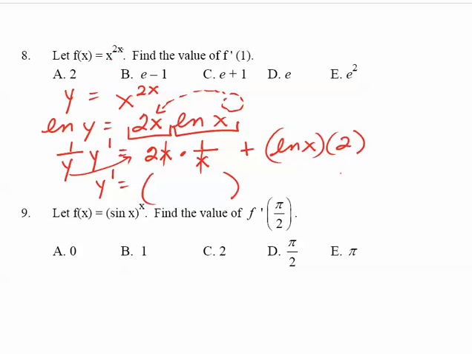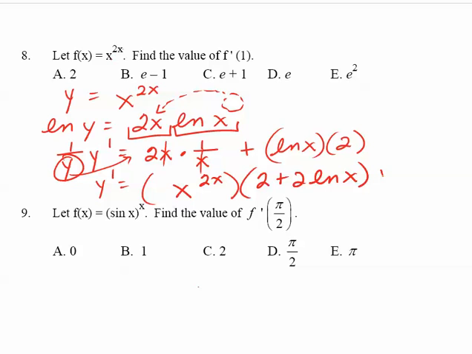So I'm going to put y in there. And what was over here is now 2 plus 2 ln of x. And y prime is x, I'm sorry, not y prime, y. When we bring over y, this is x to the 2x.